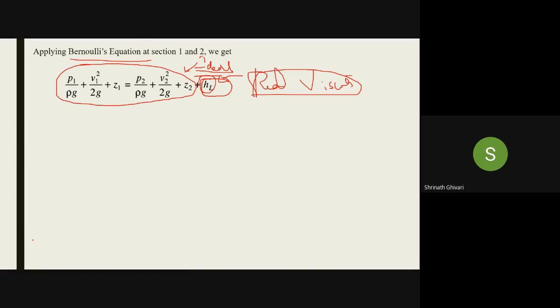So can you calculate and let me know the answer for P2 by rho g? You have to determine P2 by rho g. Anyone? Sir, please show the previous slide, sir. Okay.